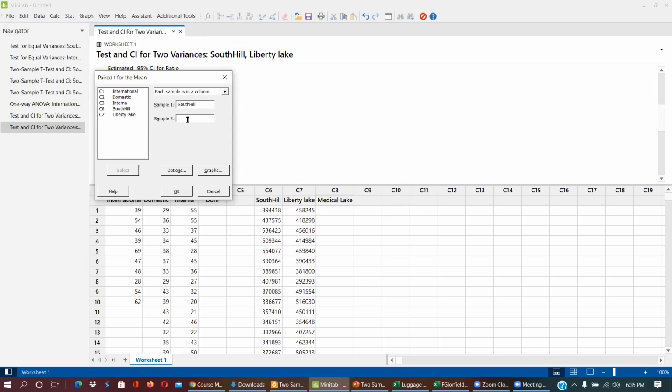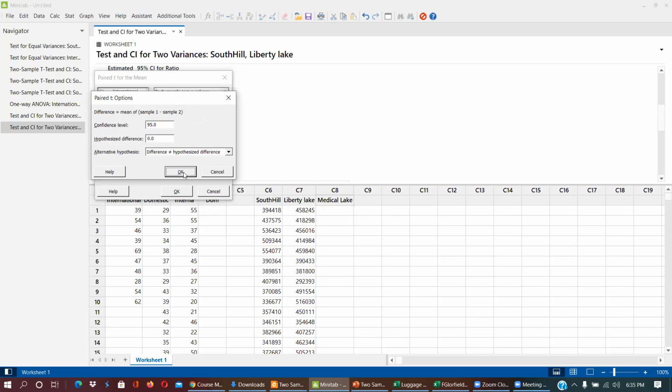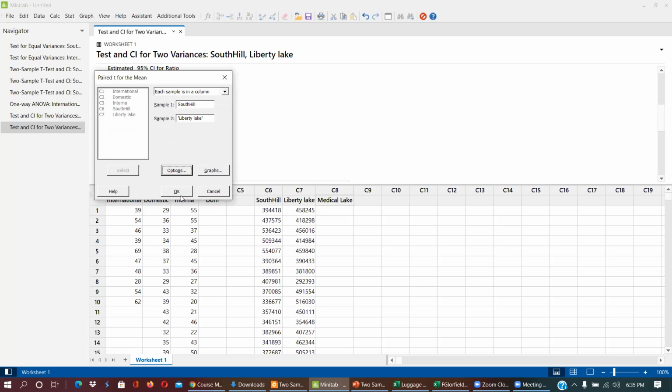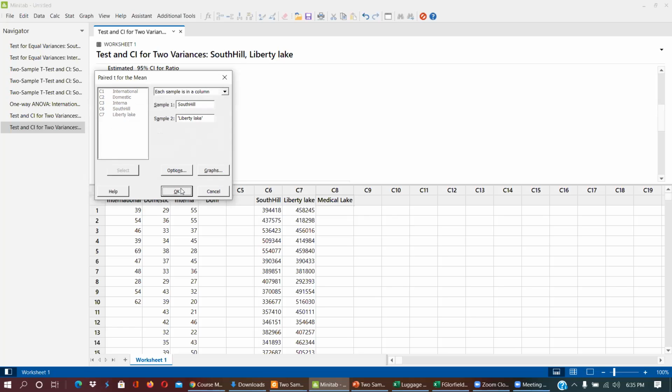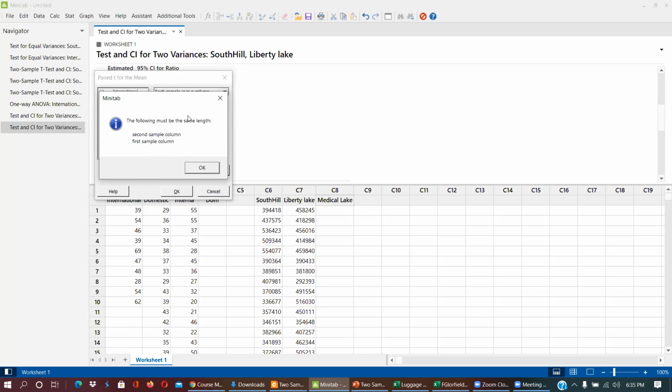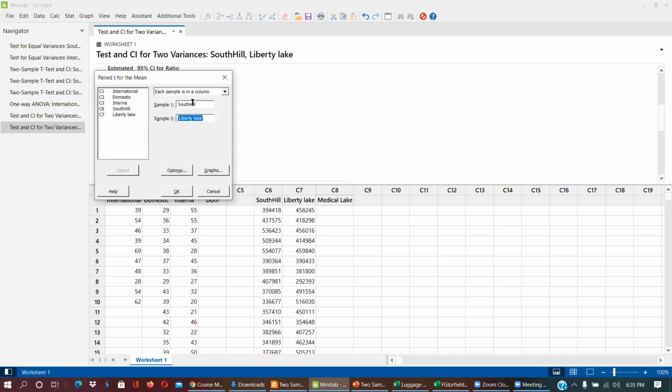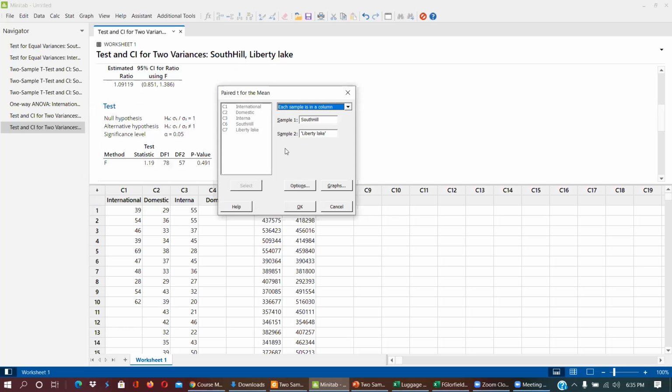So I'm just going to put the data. It has to be only South Hill, and it will give almost the same answer. Second sample column. Each sample in a column.